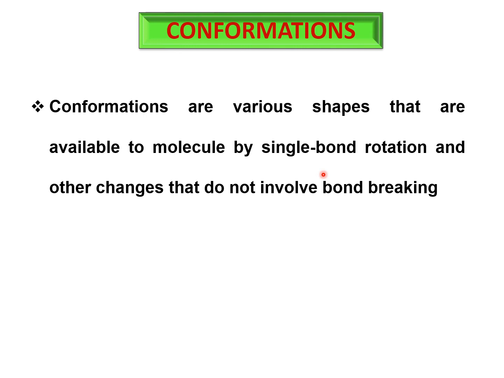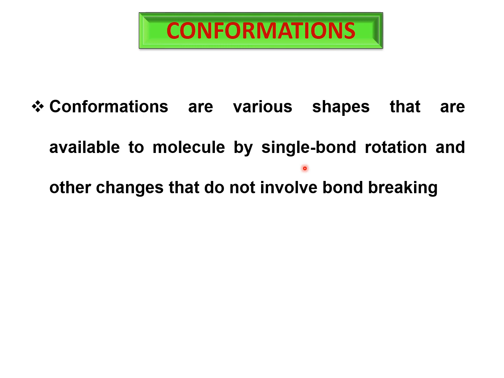So conformations are the different shapes adopted by a molecule when the different groups rotate around a carbon-carbon single bond, or there might also be other changes involved apart from rotation around this carbon-carbon single bond, which may lead to the conversion of one conformational isomer into another conformational isomer.